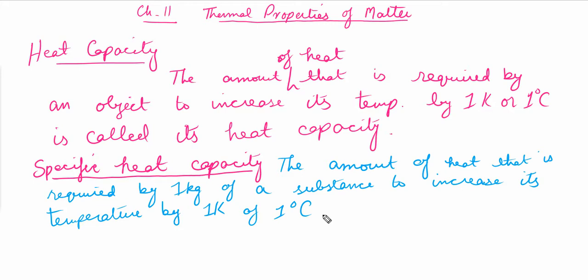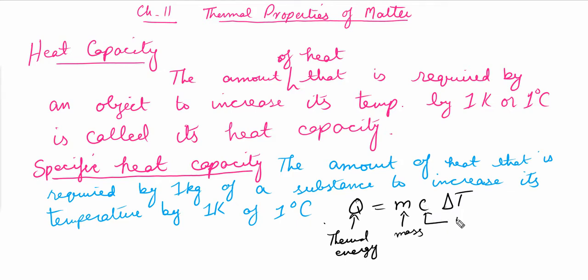Now there's a formula that is associated to the specific heat capacity and the thermal energy, and we call it the thermal energy formula, and that formula is this one. Q is equal to mc delta T, where Q is representing the thermal energy, or we can say the heat. m is representing the mass. c is representing the specific heat capacity.